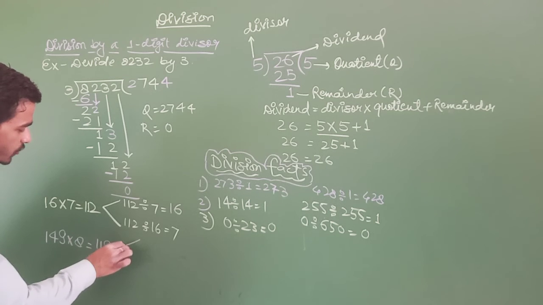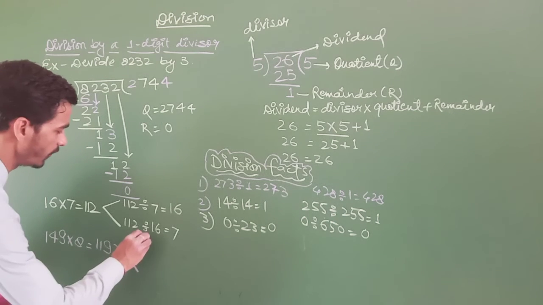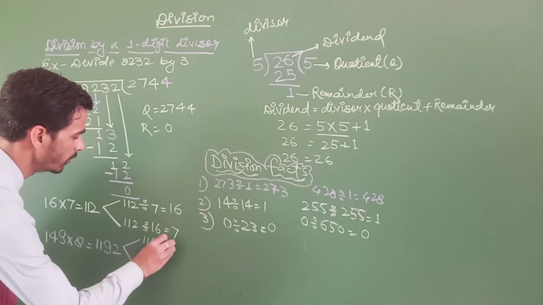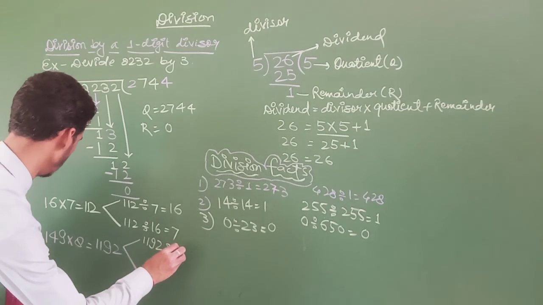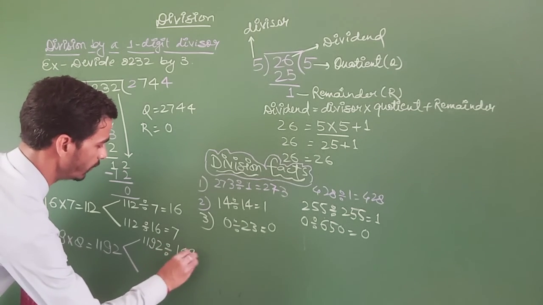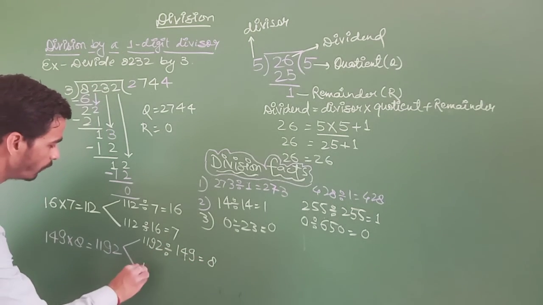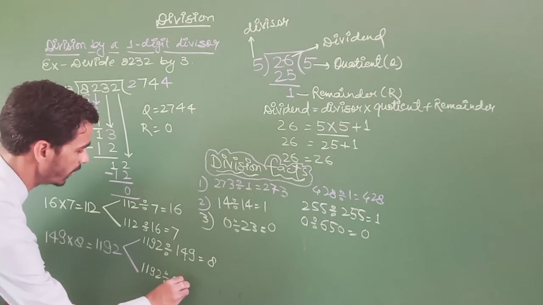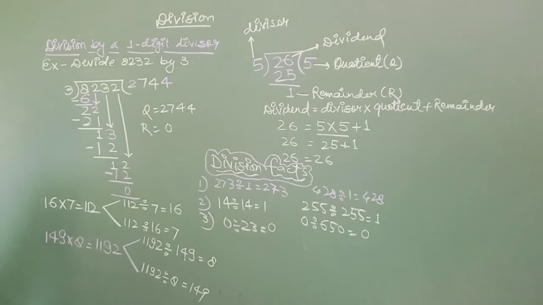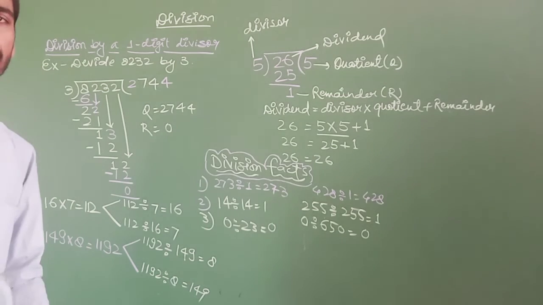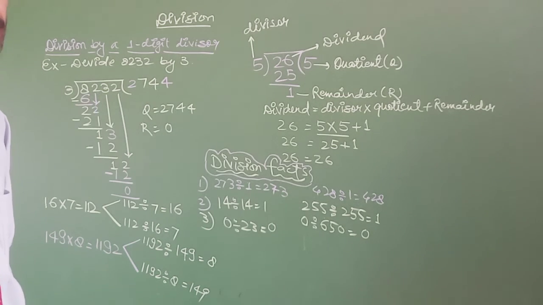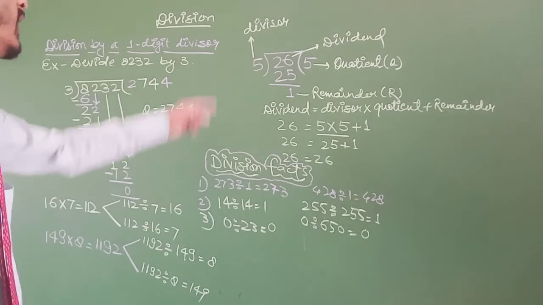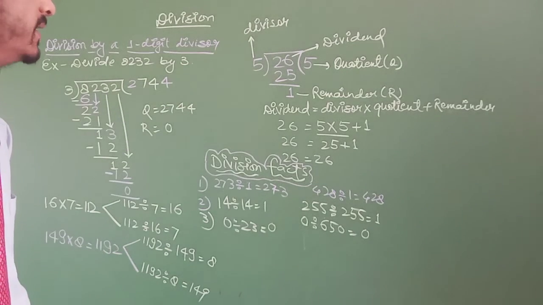The two division facts will be: the first, 1192 divided by 149 is equal to 8, and second, 1192 divided by 8 is equal to 149. So you know that division and multiplication are related, and every multiplication fact has two division facts.